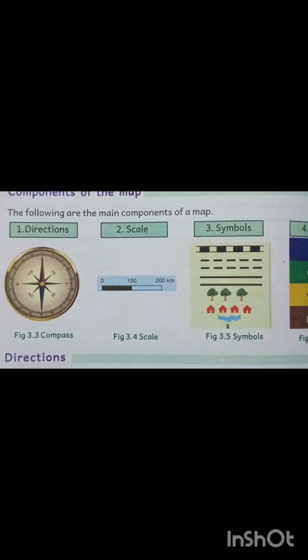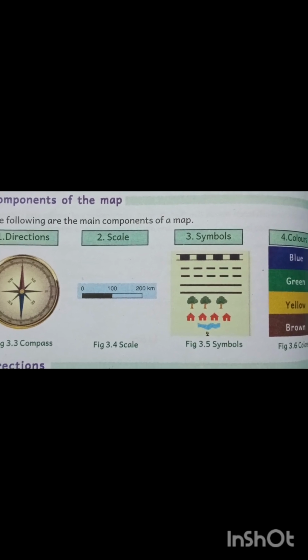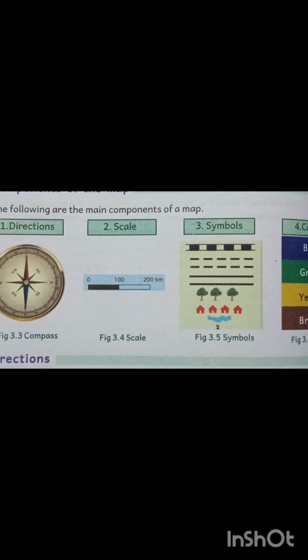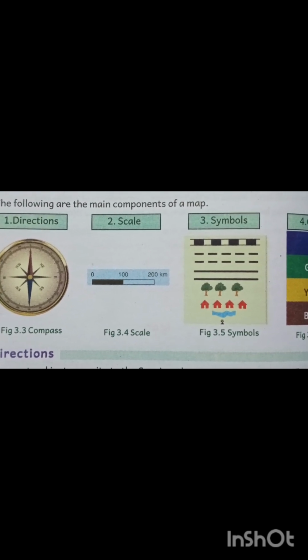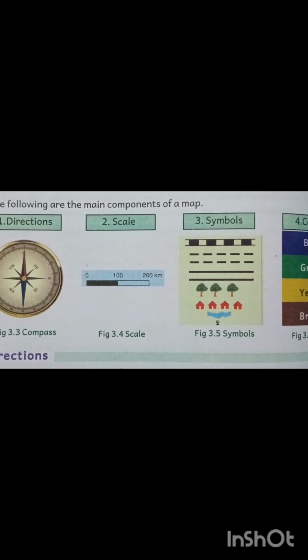That instrument is called compass. And the second one, scale. With the scale, we can measure the distances. So the second component is called scale.